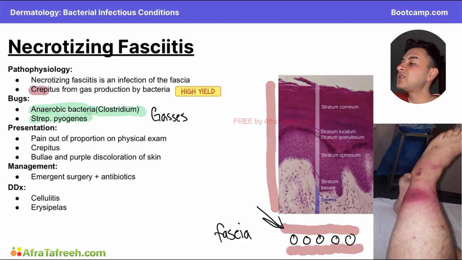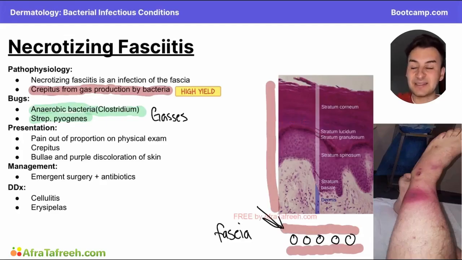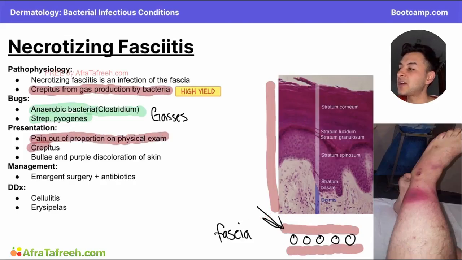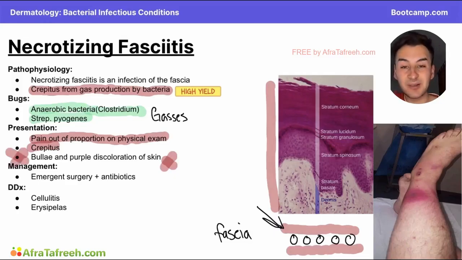And it is extremely high yield in terms of the physical exam findings for necrotizing fasciitis. I cannot emphasize this enough. So other physical exam findings are going to be pain out of proportion on physical exam. We talked about crepitus, and you can also see some blistering or some purple erythematous red discoloration. However, I would not hang my hat on this part of the physical exam because it looks really similar to cellulitis or erysipelas, right?